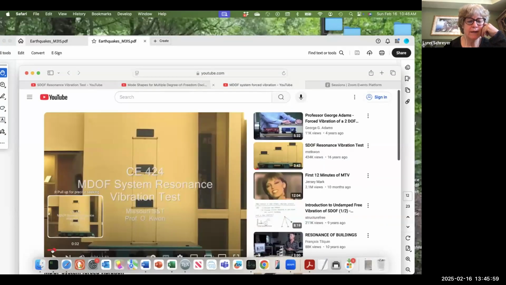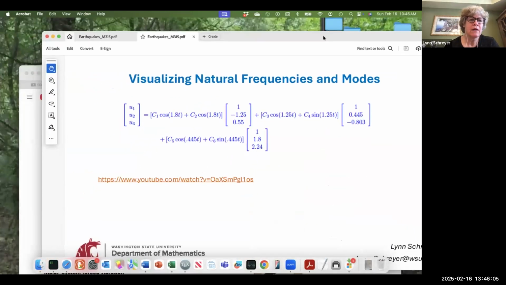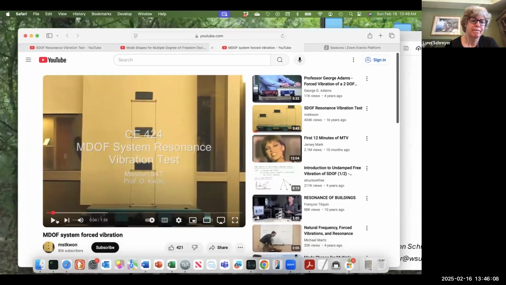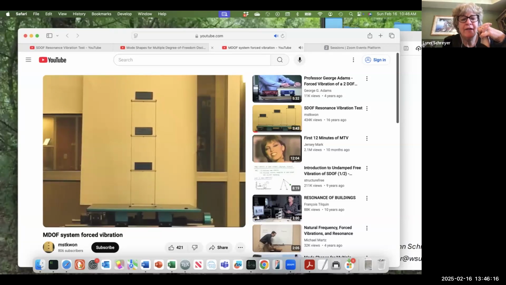And so let's see if I can get it going. This is just a shaker table, and they're slowly increasing the frequency. And we'll see what happens as they keep increasing it.